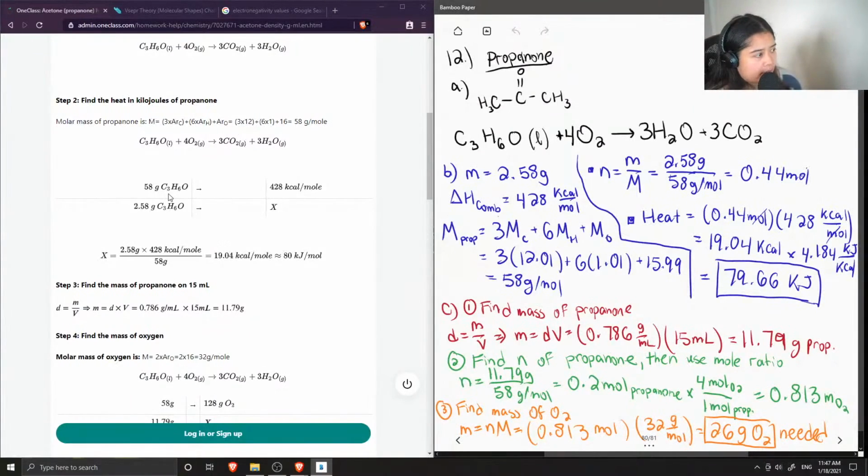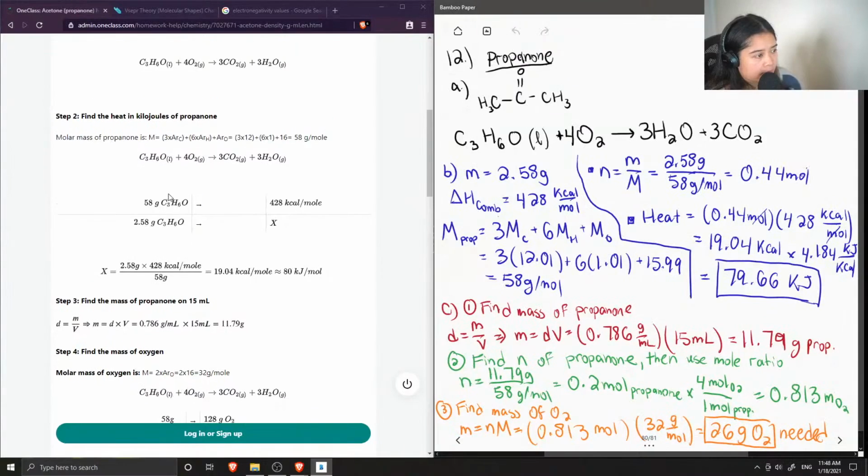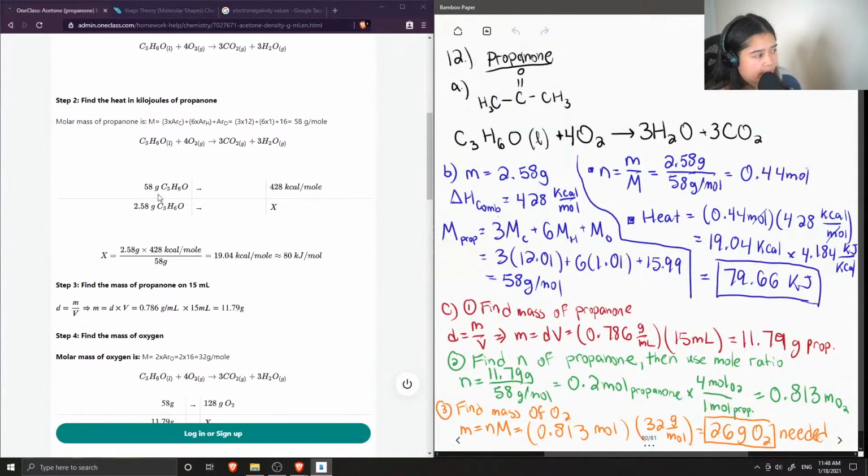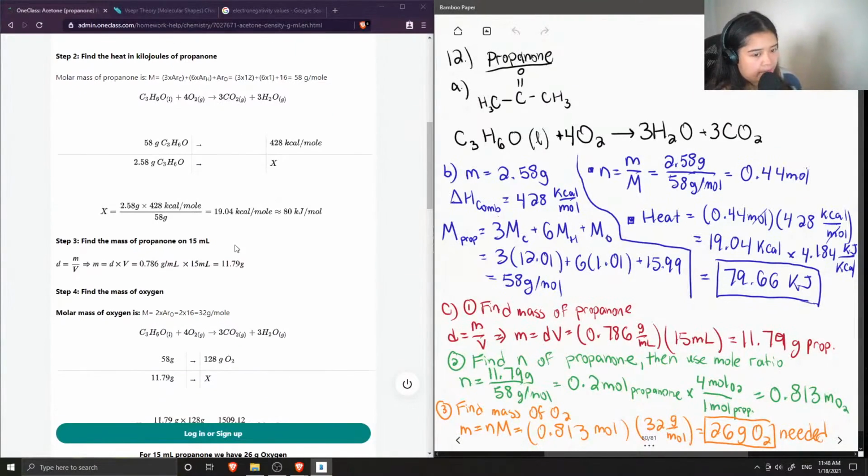And then they showed that 58 grams of propanone will produce 428 kilocalories per mole. So 8.58 grams of propanone produces 19.04 kilocalories, which is also around 80 kilojoules.